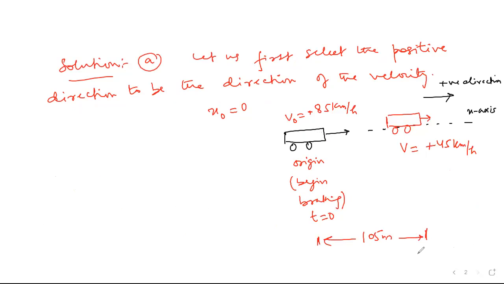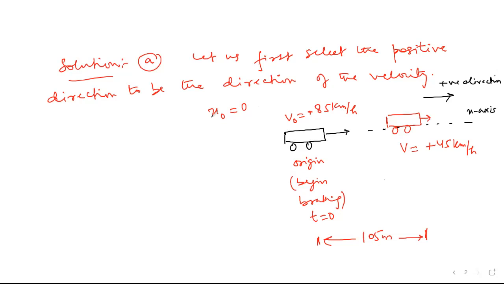Try to understand it. Car is going to the right. I am beginning braking, and that moment I am labeling t equal to 0. It's going at 85 kilometer per hour speed. When I begin braking, it reaches the speed of 45 kilometer per hour. This is my initial position, which I take as the origin, so my x naught is 0. During this process, the car travels 105 meter.